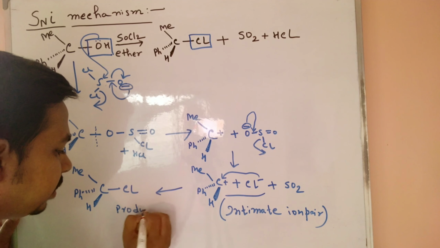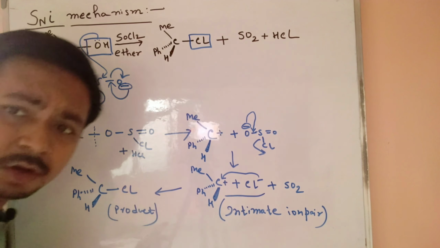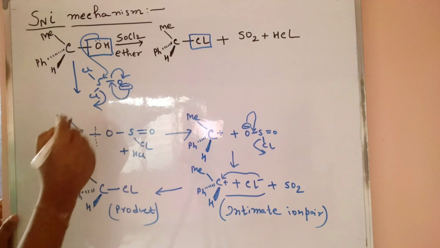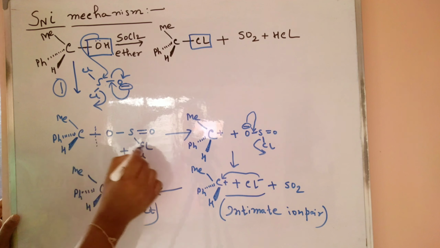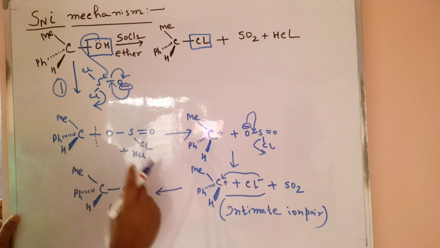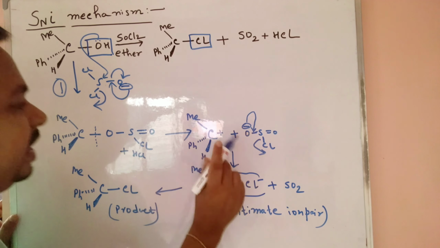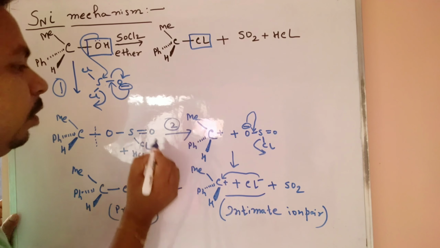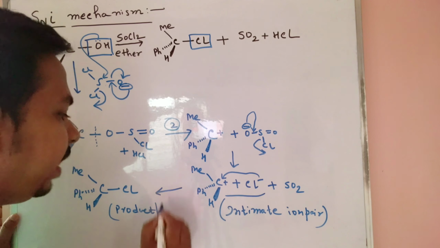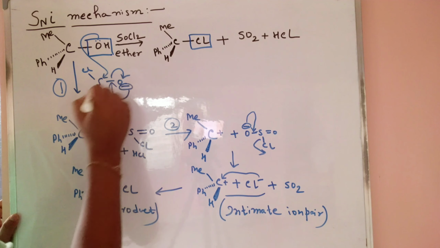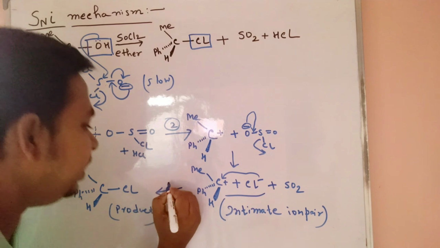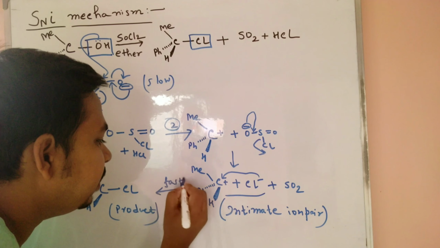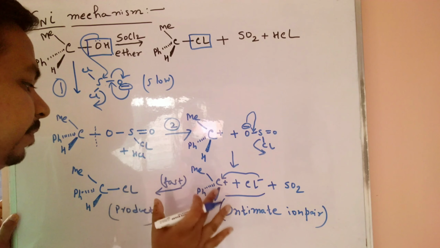This one is the product. So in that case the mechanism is, first step, formation of this adduct with HCl. Then the second step is formation of this intimate ion pair. This step is the slowest step and this step is a fast, rapid step.